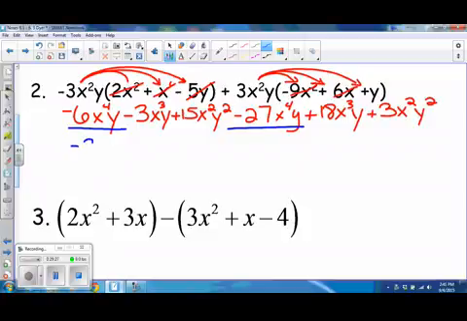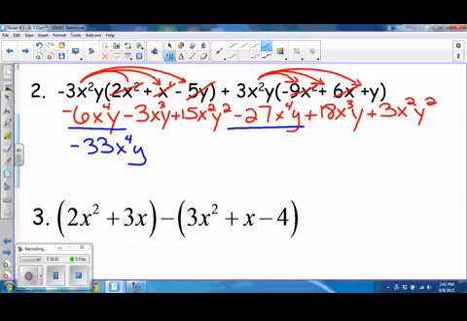Negative 33 x to the 4th y. Okay? The exponents have to be the same as well. They're not alike if they're not exactly the same variables with exactly the same exponents. Okay? So we've combined those.